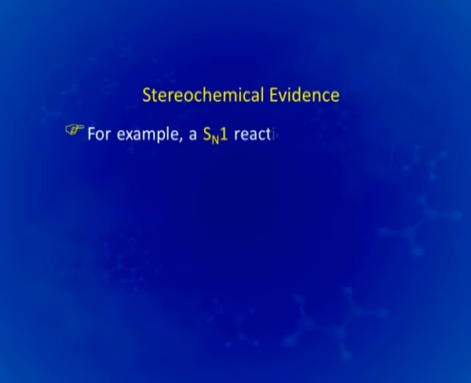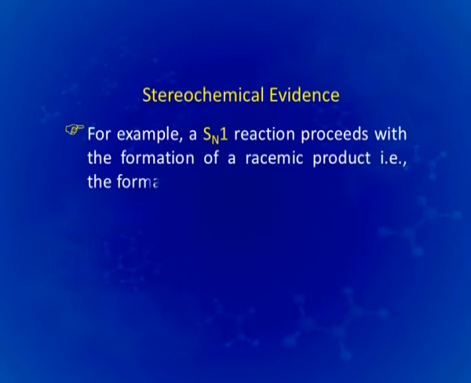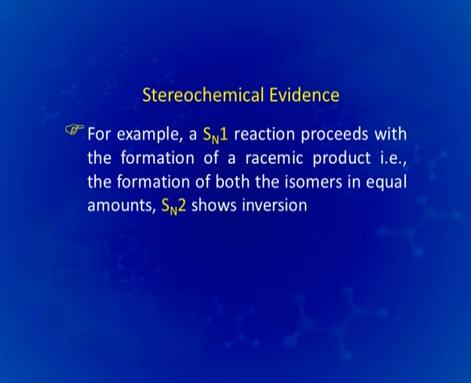If we take an example, SN1 reaction proceeds with the formation of a racemic product. Stereochemical compounds would be showing either configurational or conformational isomerism. In configurational, we have optical isomerism, so it is related to the optical activity of the molecules.